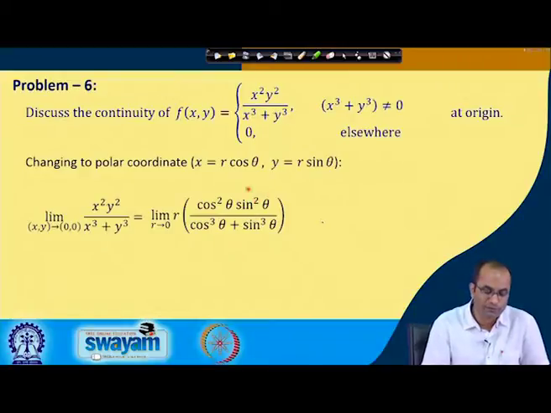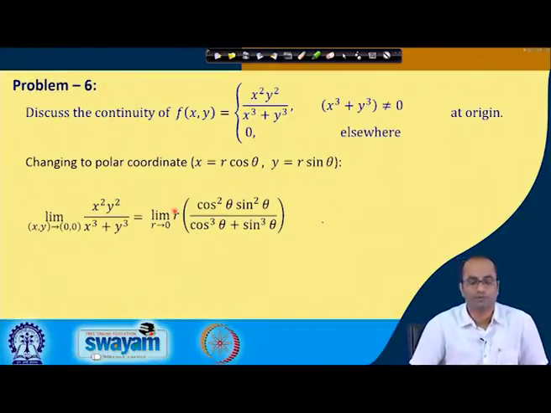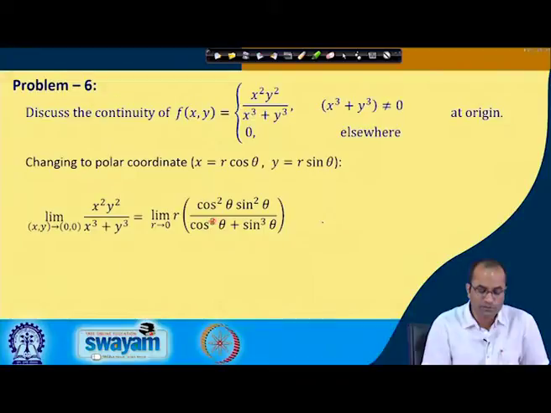No, we have to closely look at this function, whether it is a bounded function of theta sitting here. If it is, then taking the limit r goes to 0, this will be 0. But in this case, this function here, for example cos cube theta plus sin cube theta, may become unbounded, because this may go very close to 0.